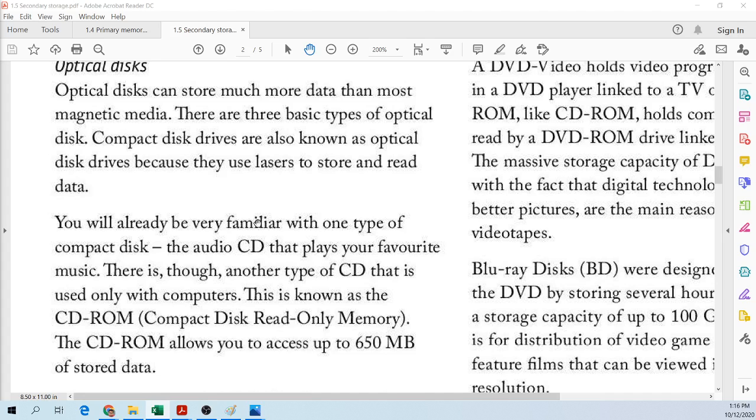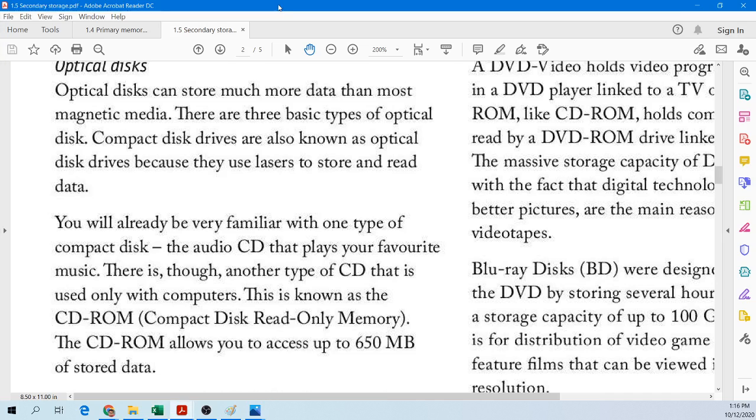Good. So now we're looking at optical disks, and it says here that it stores more data than magnetic media. I am a little confused about this statement.